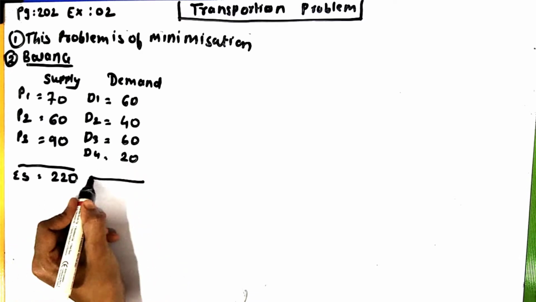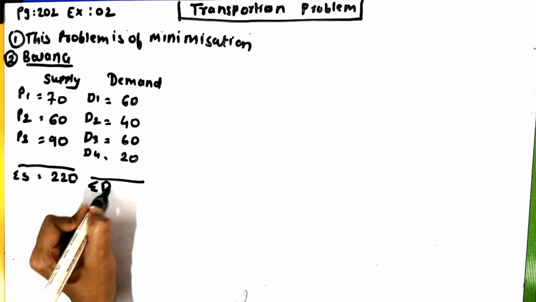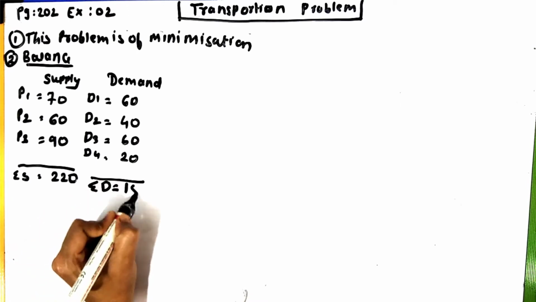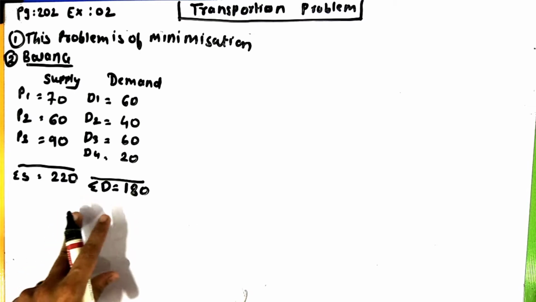When we take the total, the summation of demand is going to be 180. So here we can see that our problem is not balanced, because the summation of supply is 220 and the summation of demand is 180. So here we have a difference.